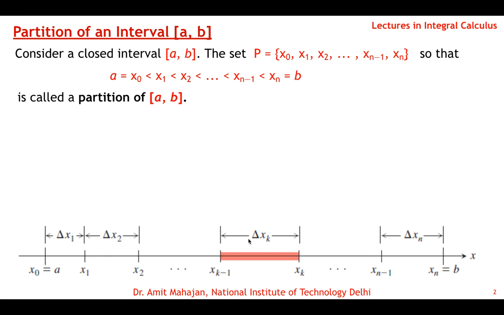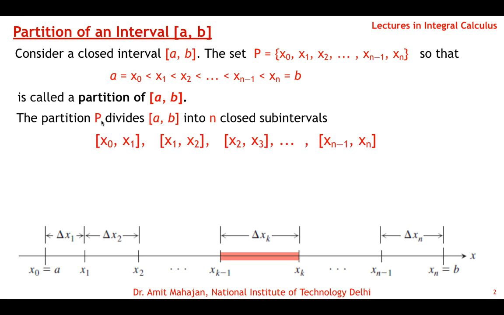And you can easily see that these points x0, x1, x2, and so on up to xn, divide this interval AB into smaller subintervals.